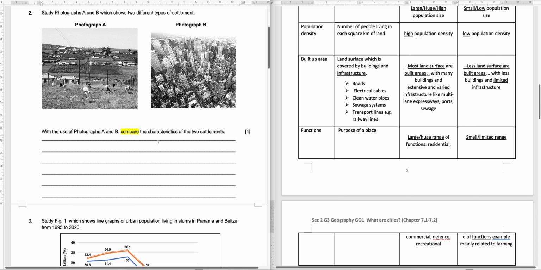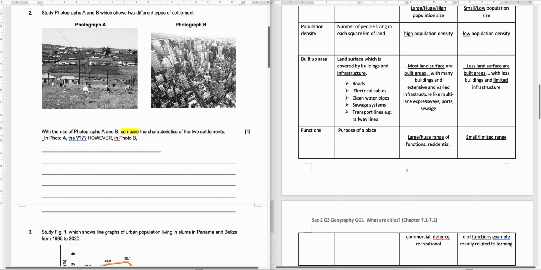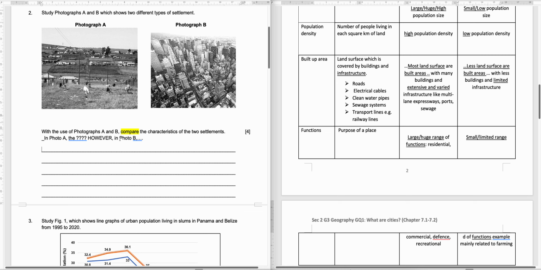So remember how do you show comparison? You can use conjunctions like, for example, in photo A, the whatever characteristic is something like that. And then to show difference, you can use however, and then say in photo B, what happened. Whether it is population size or density or built up area, up to you.